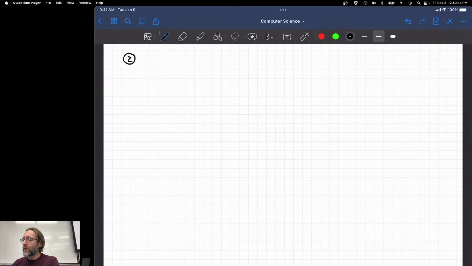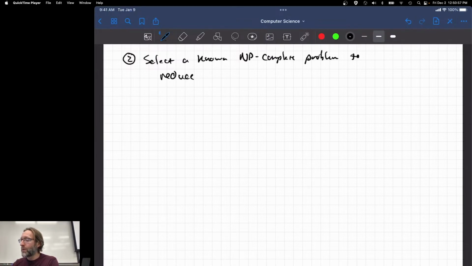2, select a known NP-complete problem to reduce from. Now, this is where the artistry comes in, because generally you want to select a like problem for a like problem.